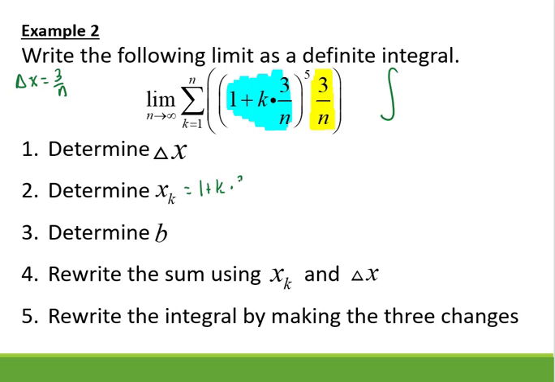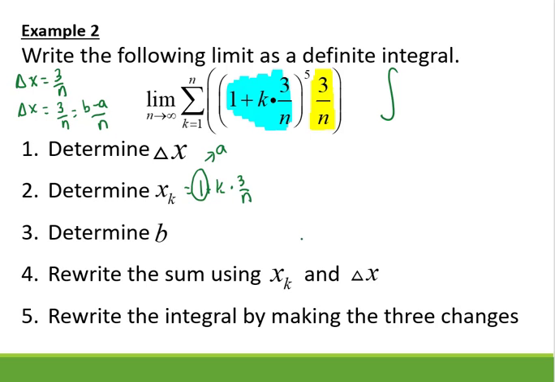This tells me that's my a. Remember, my delta x is 3 over n, which is b minus a over n. So if I substitute in a, I'm going to do it up here.